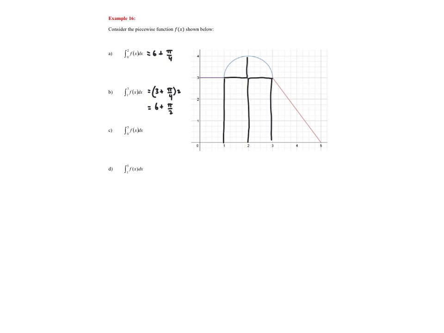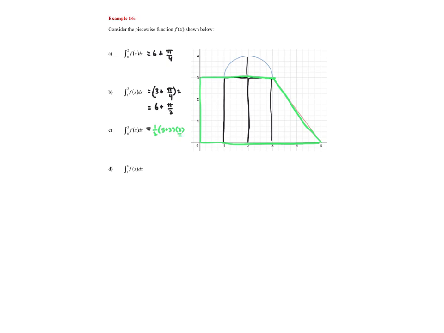Very nice. Now for part C, I'm going to go from 0 to 5. And I'm actually going to do that in an interesting way. I'm going to do 2 spaces, 0 to 5. I'm going to find the area of this trapezoid. You can do it a different way. It's totally up to you. I'm going to find the area of that trapezoid, which will be a half, base 1, base 2 will be 5 and 3, and the height will be 3 as well.